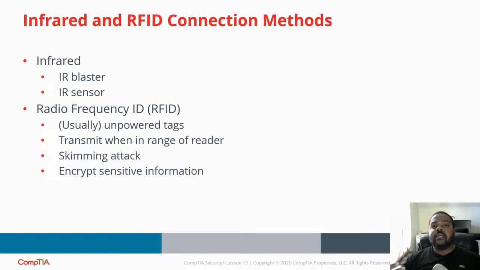So it's pulling the information off of your credit cards and debit cards, and then now they have that information. They can go in. You've just been basically robbed, right? So in order to stop that type of attack, people will put in these magnets that break up that communication field.